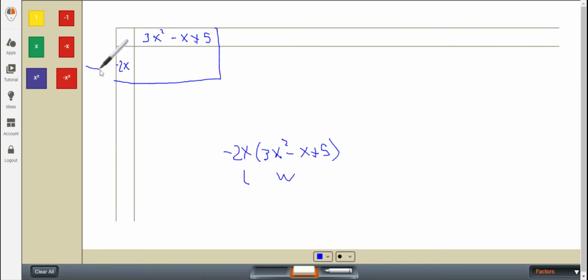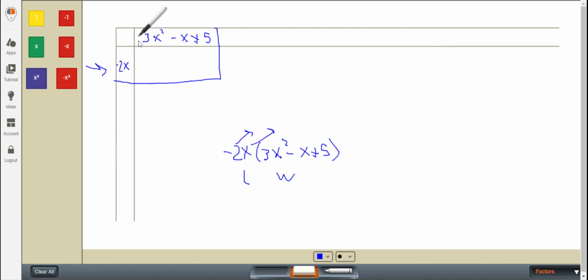Again, I'm going to multiply this row by row. So negative 2, let's look at the numbers, and we call these numbers coefficients, the numbers in an expression. And this term, as we know, is a variable. So this is the coefficient, and this is our variable. The coefficient here is negative 2.